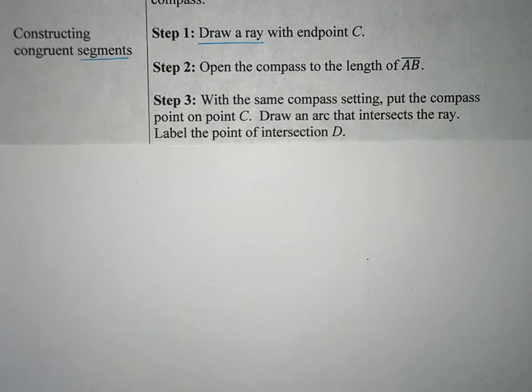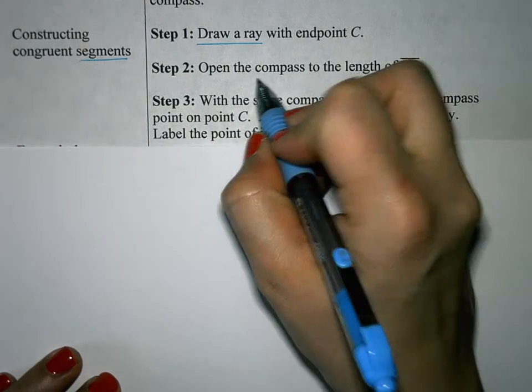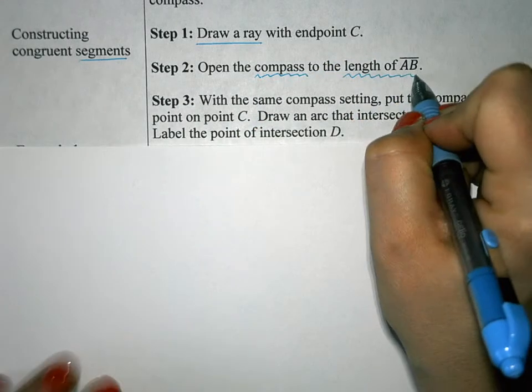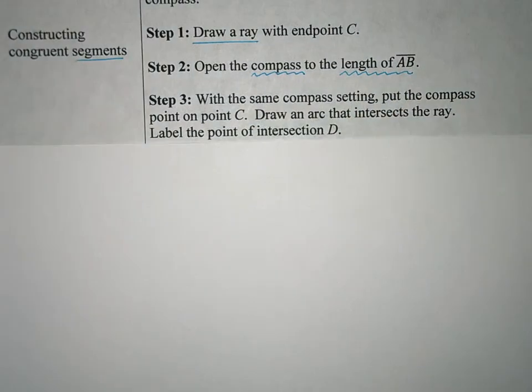We're just going to draw a ray using our straight edge. And then on the given segment, which in our case is going to be AB, and you will see it in a second, you're going to open the compass to the length of AB. So we're just going to open it so it's the same length as AB.